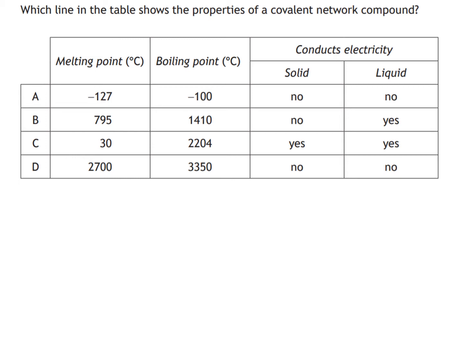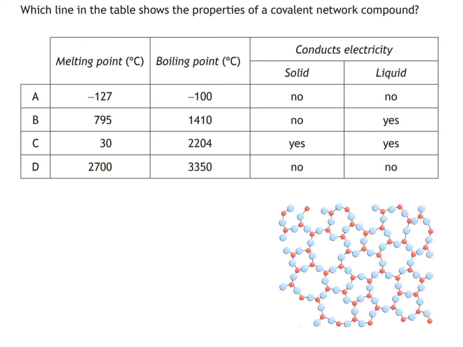There is an exception, if you remember that graphite is the exception to this, but generally covalent networks do not conduct. So we have an example here of a covalent network, and in this case, this is silicon dioxide, which has the formula SiO2. So we've identified it's either A or D. So the difference now between A and D is in their melting and boiling points.